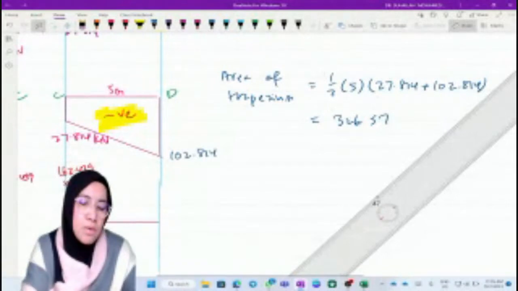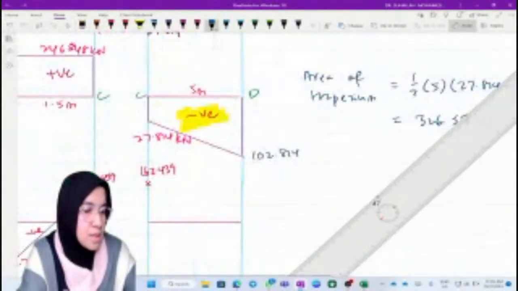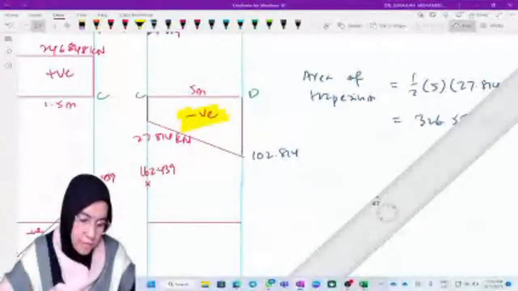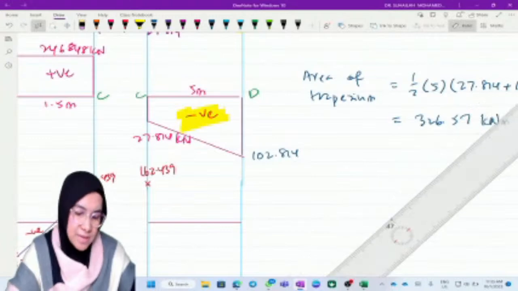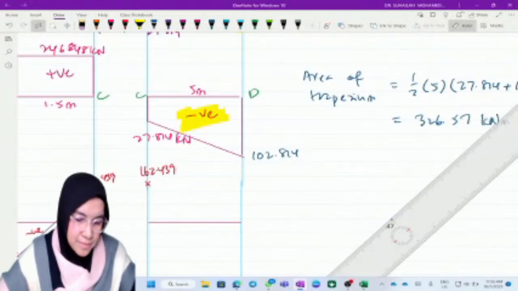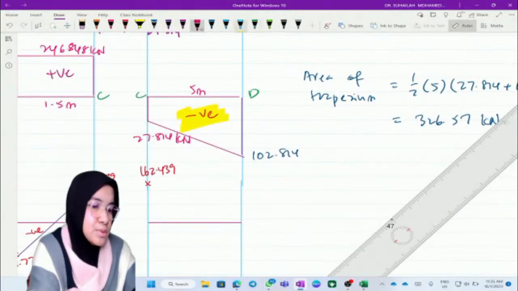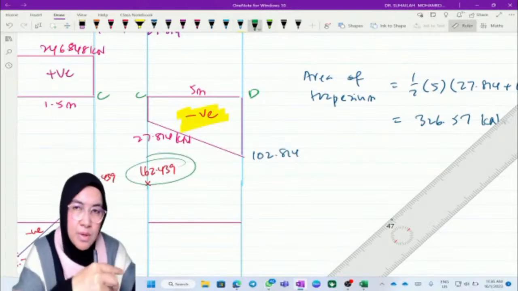The area of trapezium is 326.57 kilonewton meter. So the moment is 162.439, it is positive because it is above line.